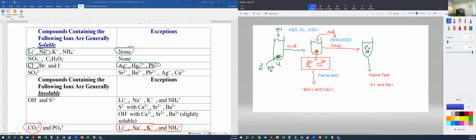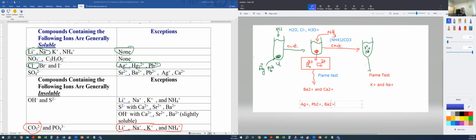Remember, our choices in our unknown, this is supposed to be here: silver, Ag plus, Pb 2 plus, barium 2 plus.